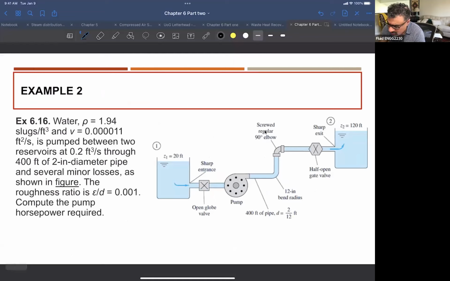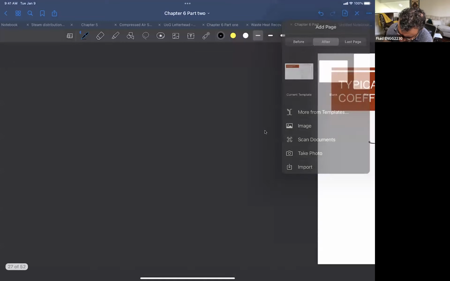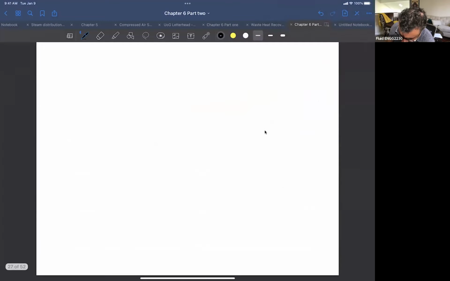Okay, so let's look at an example for this so you can understand what we are talking about. But just before the example, just to answer a couple of the questions here. Imagine I have a system like that.